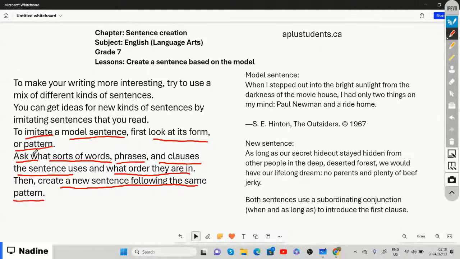All right. Let's look at a model sentence.